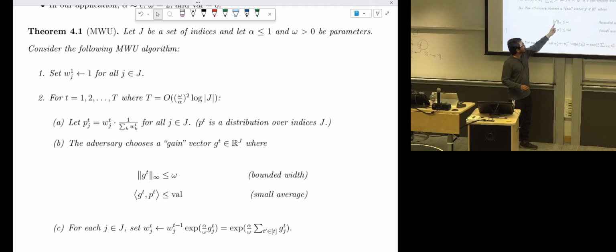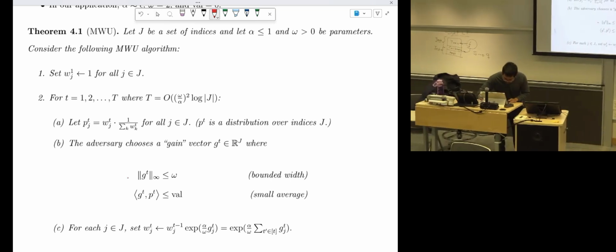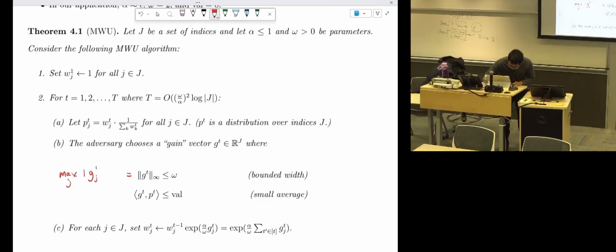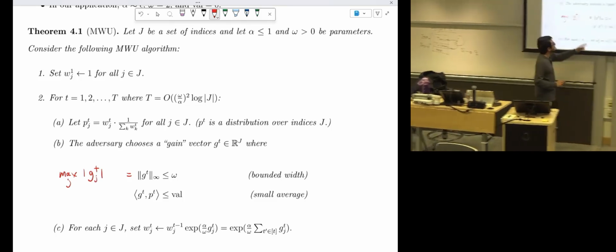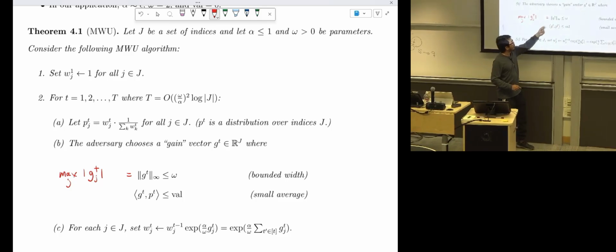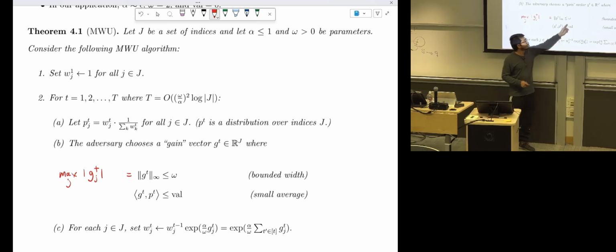First, the absolute value on every index, the max over j of the absolute value, is the infinity norm. So every entry of the gain is at most omega, or at least minus omega. It doesn't go too far from omega. Think of this as 2 for now.